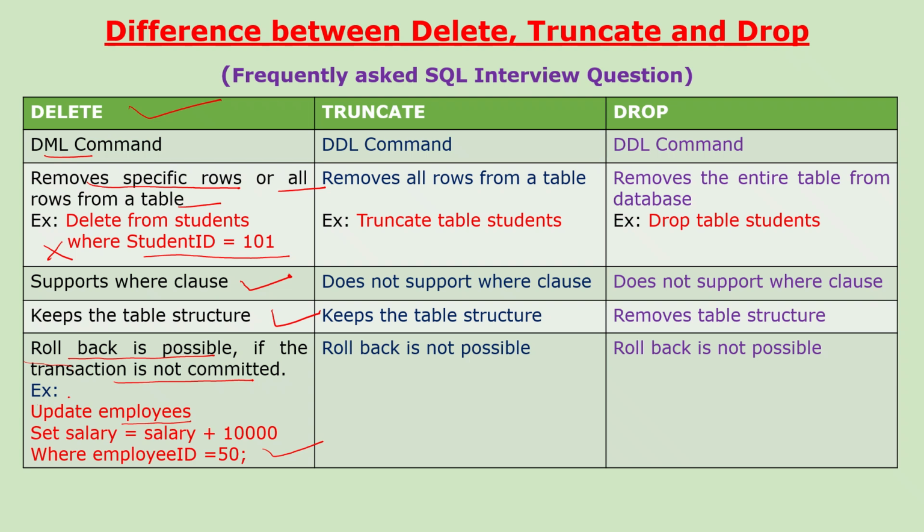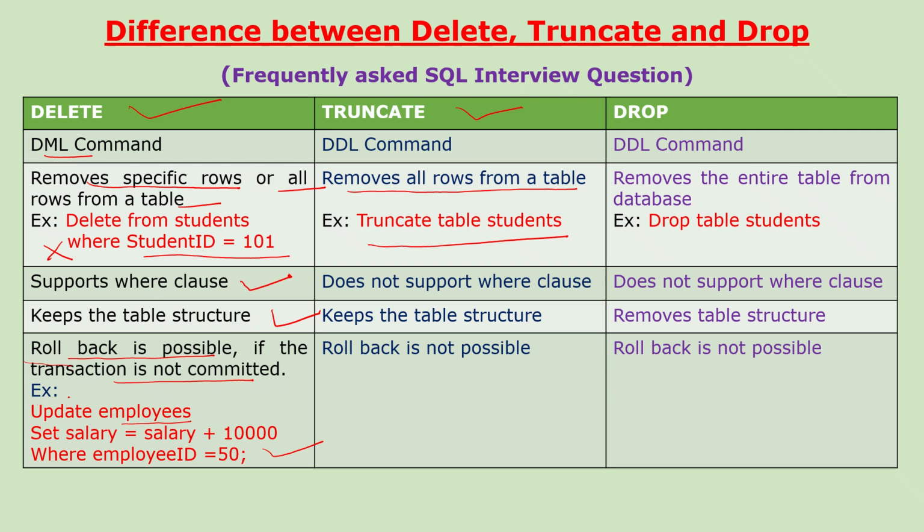Now, let's move to the truncate command. Truncate is a DDL command. DDL means data definition language. By using the truncate command, we can remove all the rows from a table. To remove all the rows from a table, we can write the syntax: truncate table students.